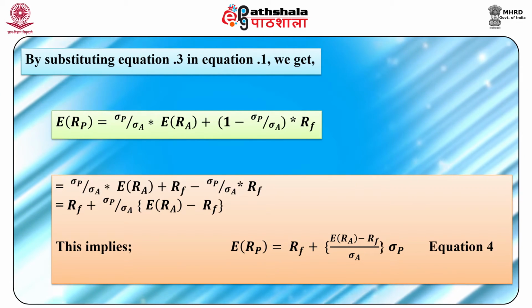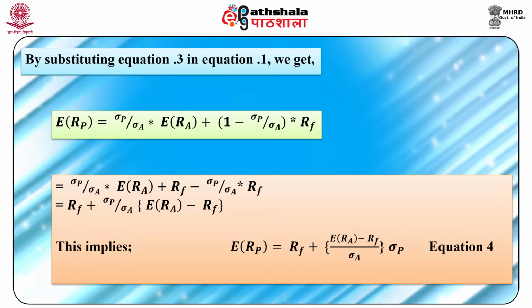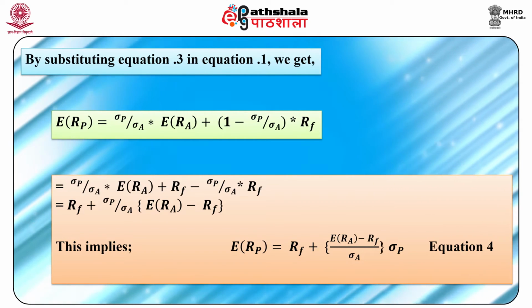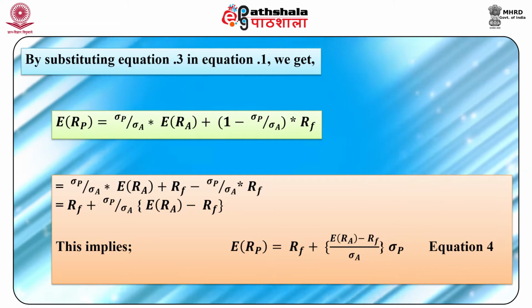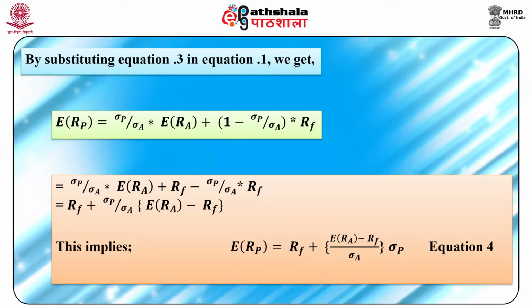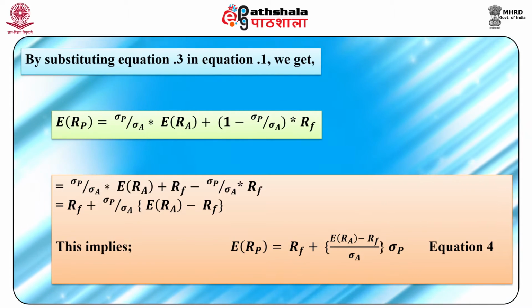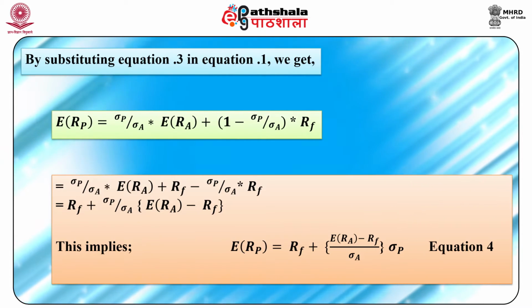This will be equal to sigma P upon sigma A into (E(RA) plus RF) minus sigma P upon sigma A into RF again.